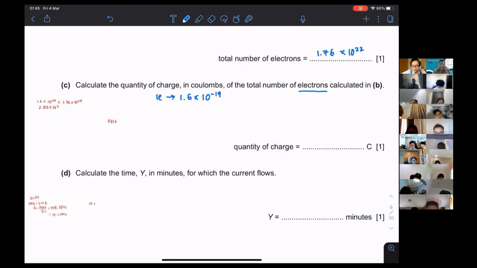Even, for example, the Avogadro constant and this charge, all of these are given. Unless they are not available there, they will give you in the question itself. If you cannot find it in the question and you need a value, make sure you check at the end of the paper.